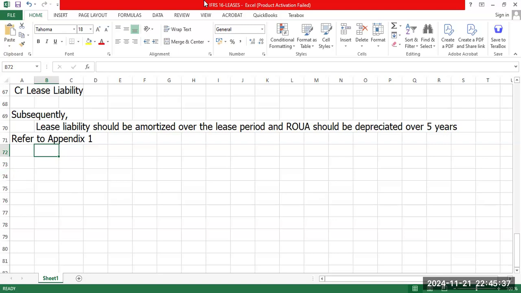But I know that when I'm handling a lease question, I know the things that I should recognize in the financial statements. So immediately I do this.